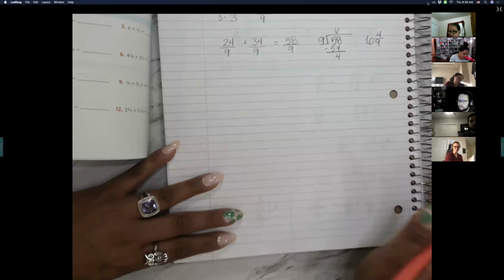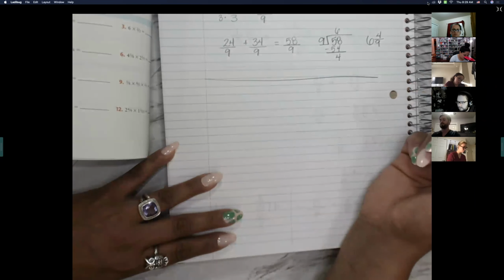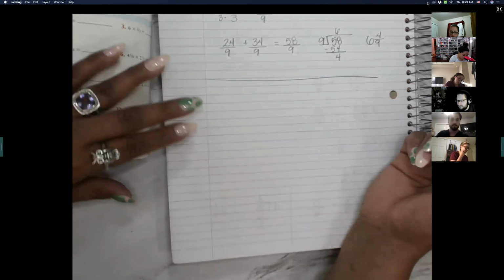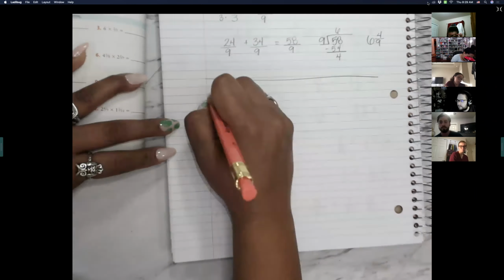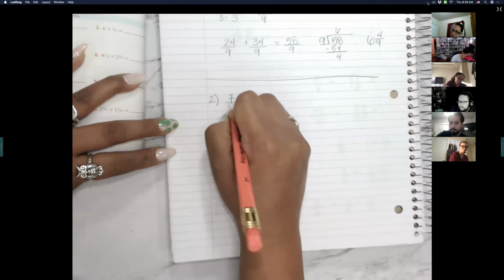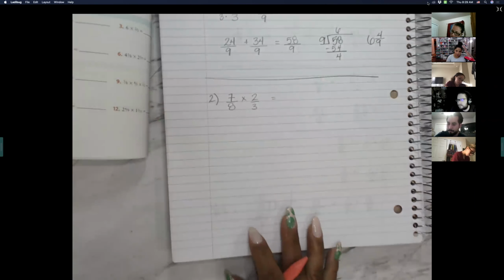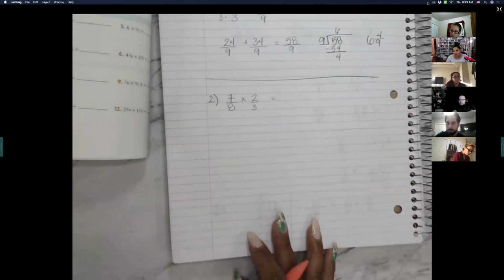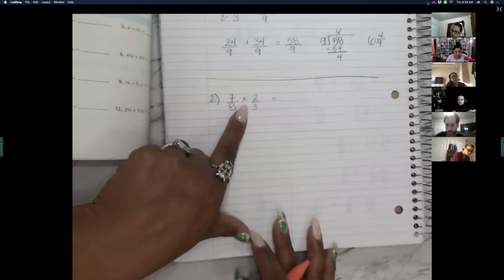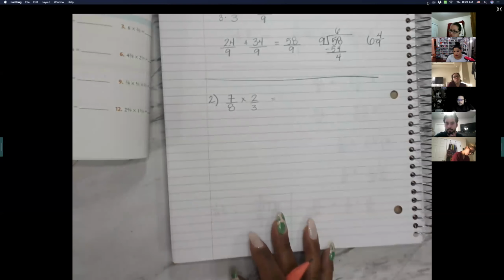So the next one we're going to do is number 2. Number 2 is asking us to take 7 over 8 and multiply it by 2 over 3. So here, do I have matching denominators? No, but my operation has changed to multiplication. So I don't care if my denominators match.